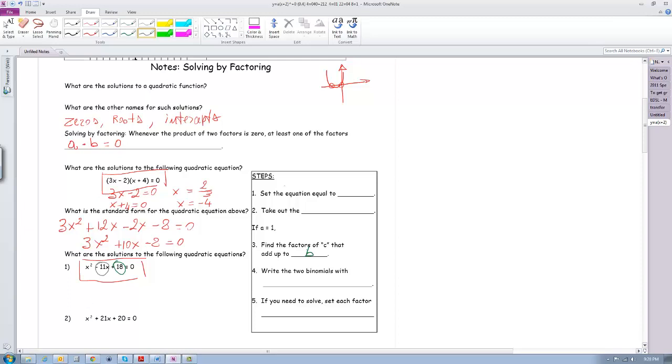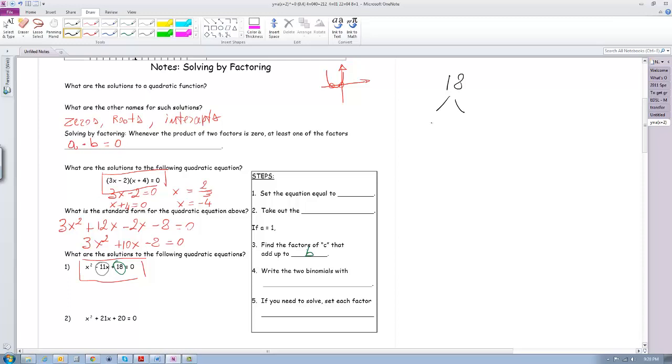So what are the factors of 18 that can add up to minus 11?